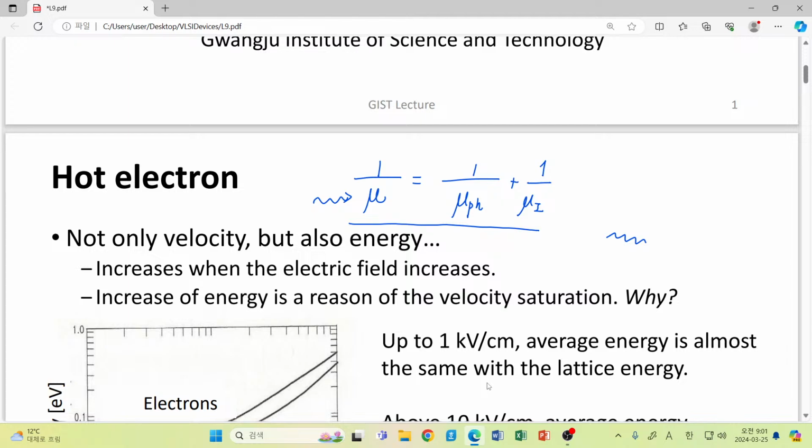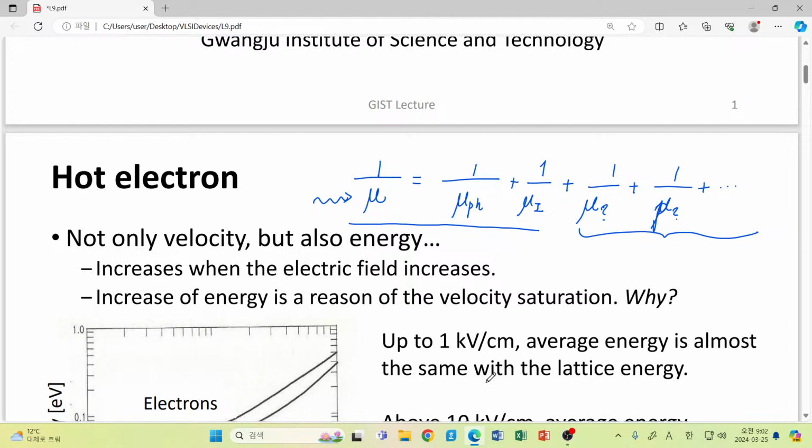Of course, although I have shown only phonon limited mobility and impurity limited mobility, we can think about other different scattering mechanisms. We can have many other ones. If you add more and more scattering mechanisms in your consideration, then please add those limited mobilities to the inverse sum.